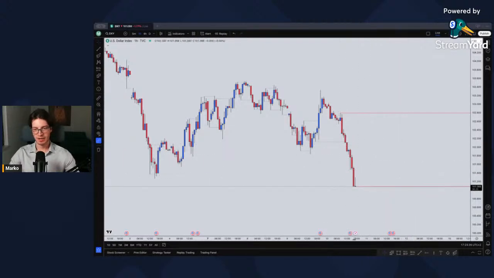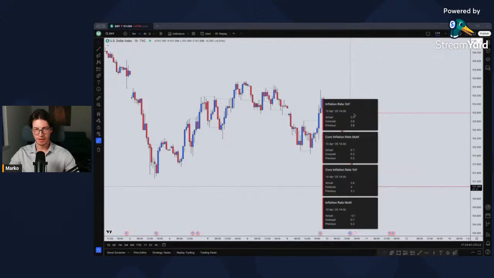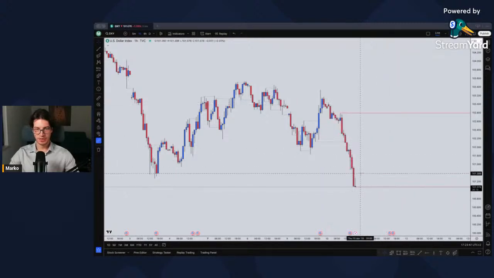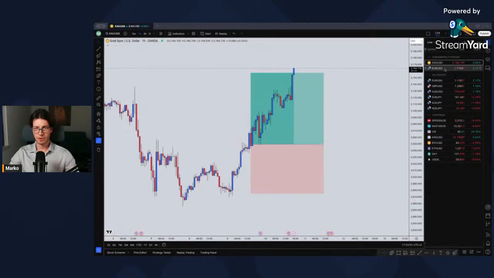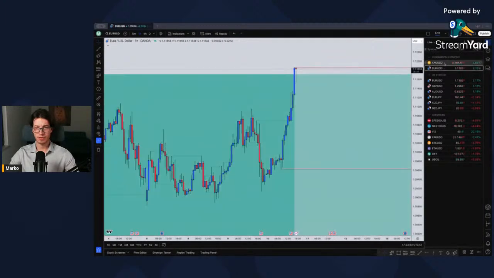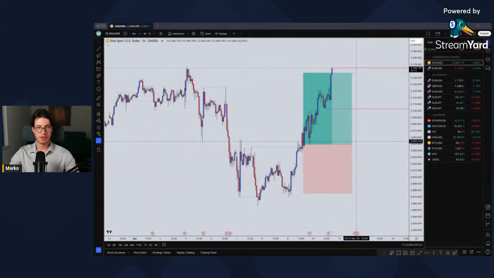And the second one is the news that I just commented on, that the inflation being lower is actually bearish for the US dollar. So that's good for my positions. That's good for gold. That's good for the euro dollar as well. So we will see what will happen.